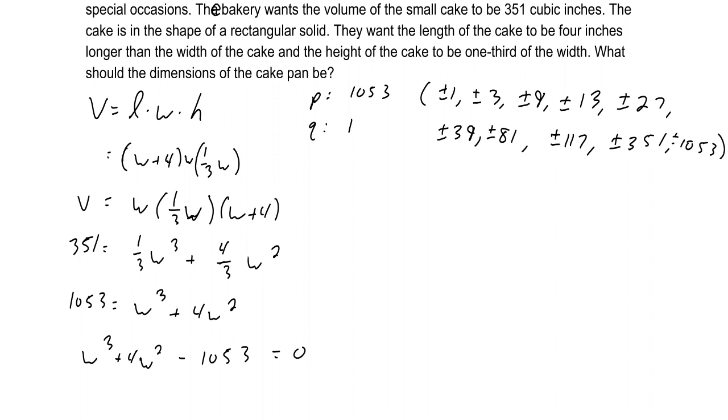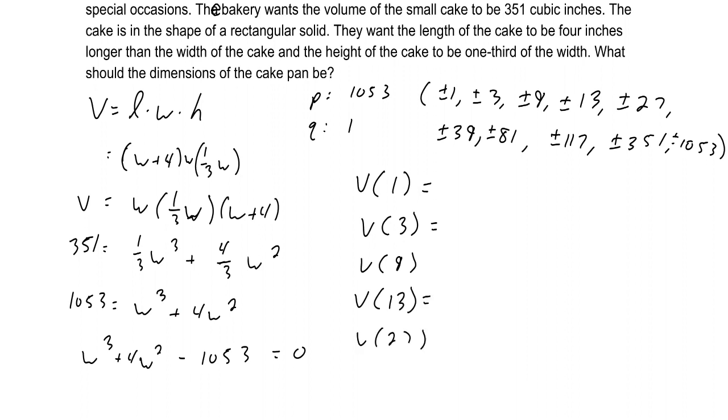Now let's go ahead and plug in, evaluating this function until one of those works. So we've got V of 1, V of 3, V of 9, V of 13. I'm going to stop there in case one of those works.